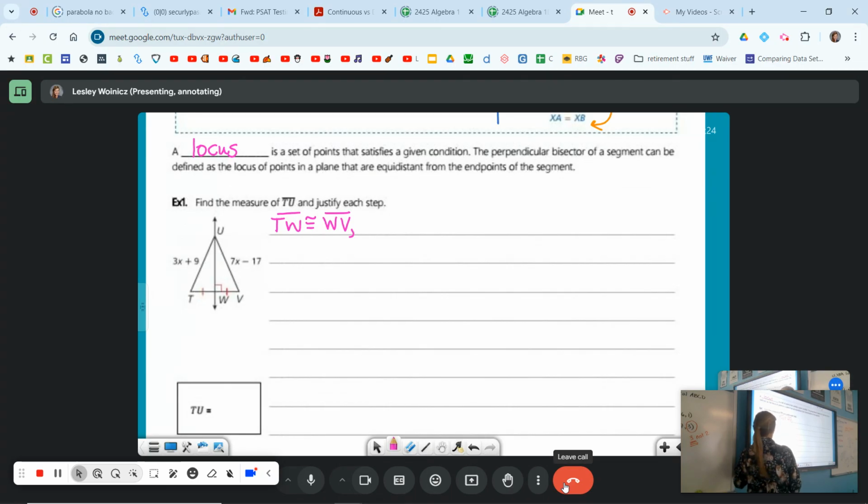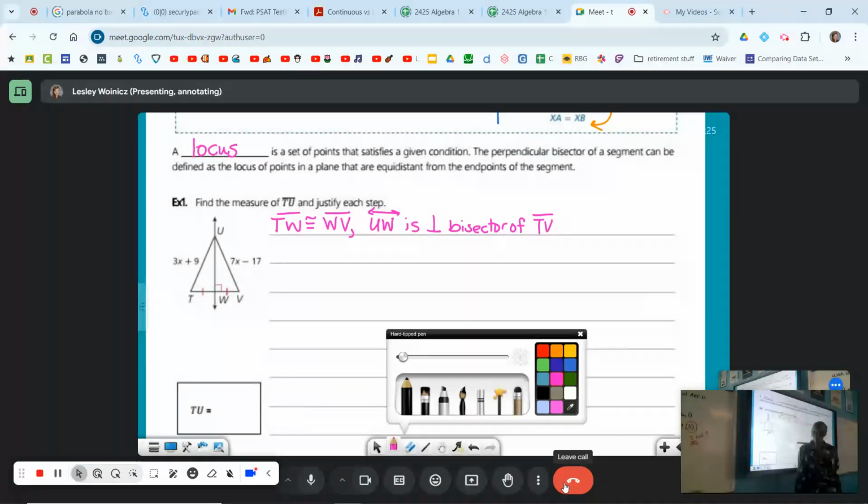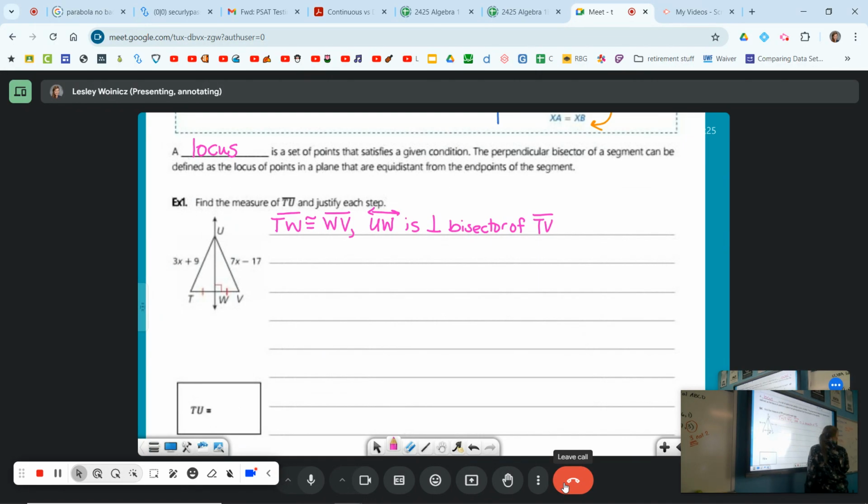Line UW is a perpendicular bisector of PV, the segment. How do we know all that? Given.